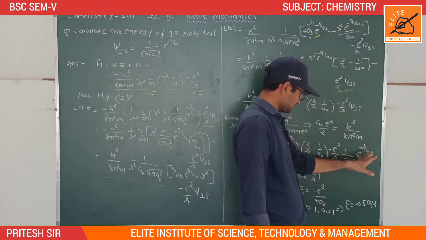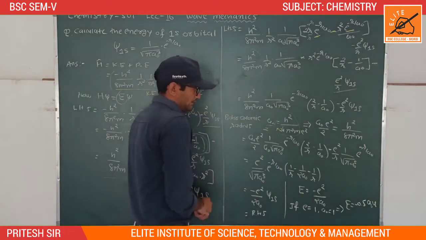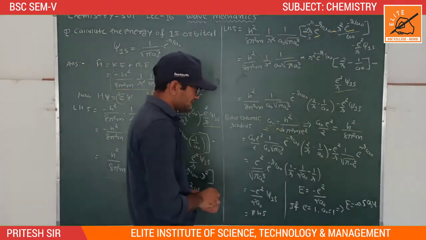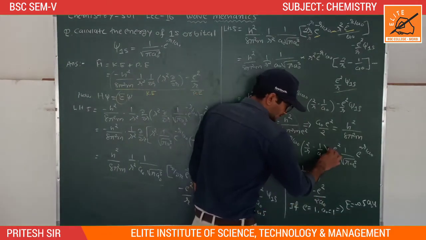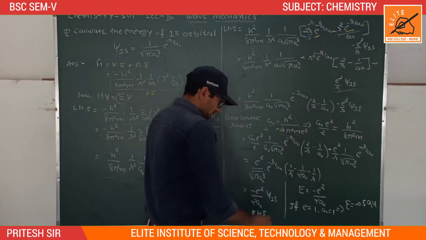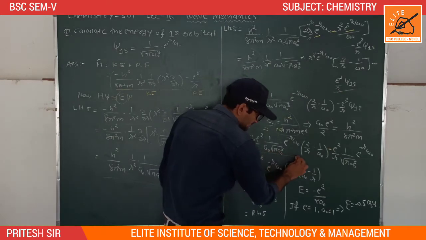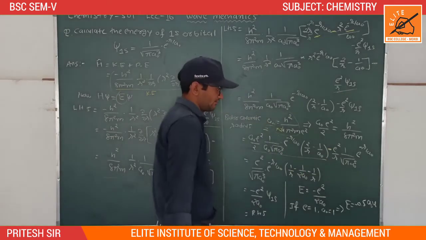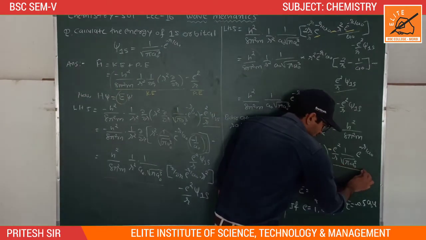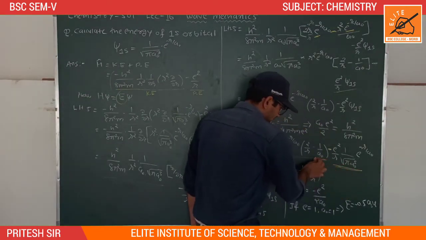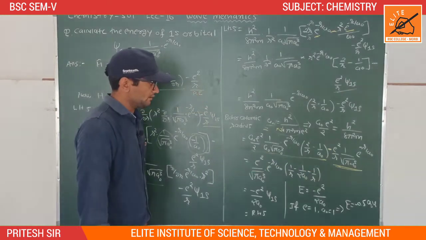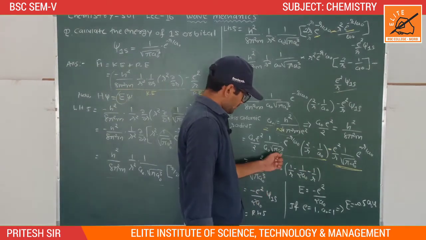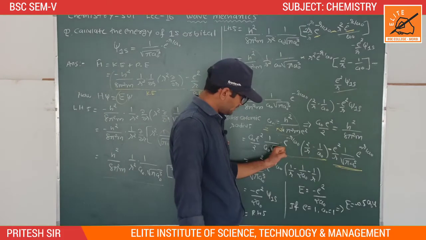Now this equation contains two terms with a minus between them. The first one indicates the kinetic energy term, and the second is the potential energy term. Which things are common in both?